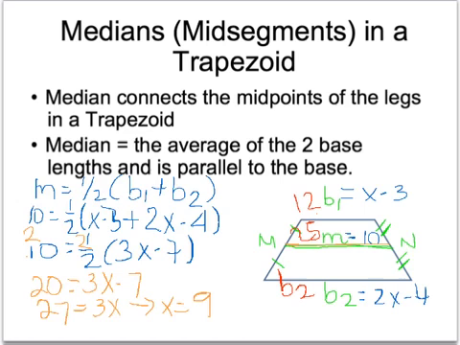So don't bother going through some big formula, just reason out that this is a halfway point. So from 12 to 25, that means you went up by 13, so to get to the other base you have to go up by the same amount since this is halfway. So 25 plus 13 is going to give you 38. And you could double check, yes, 38 plus 12 is 50 and half of 50 is 25.